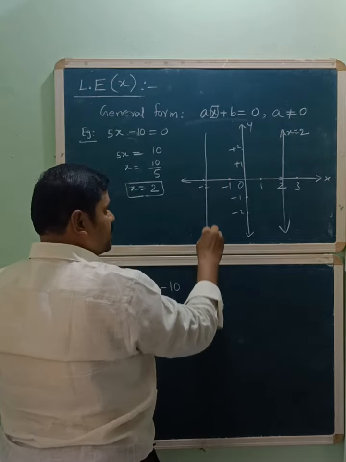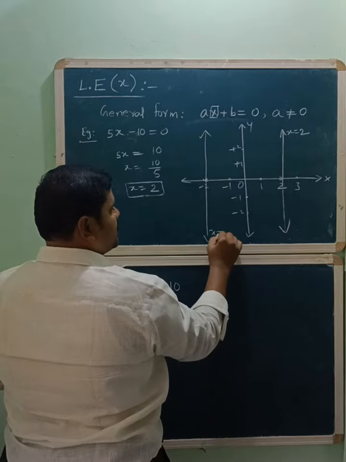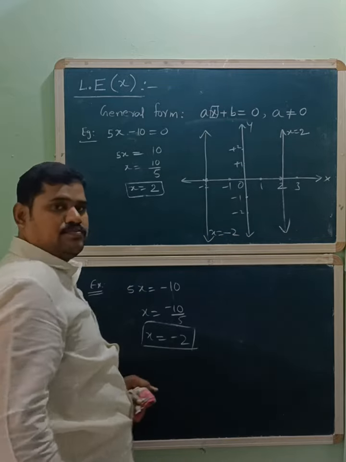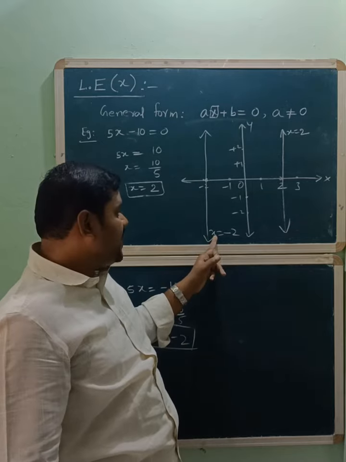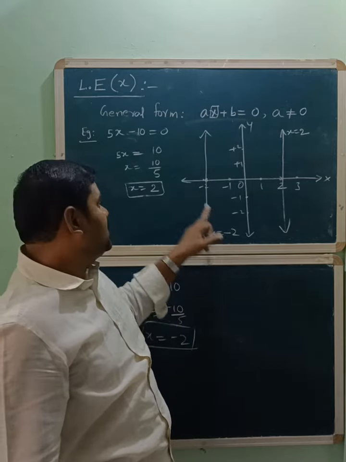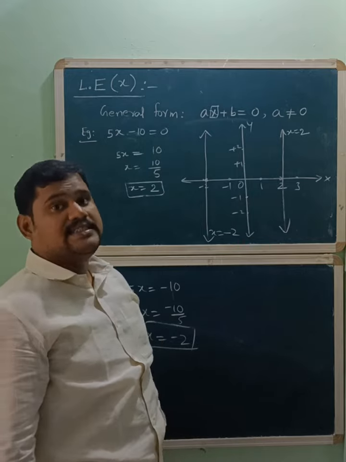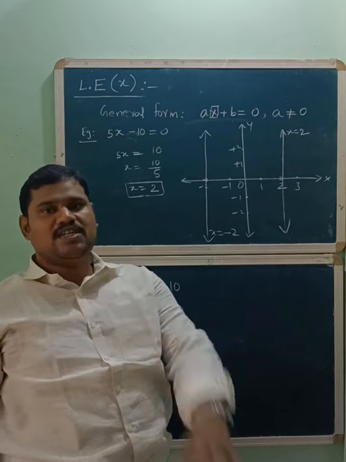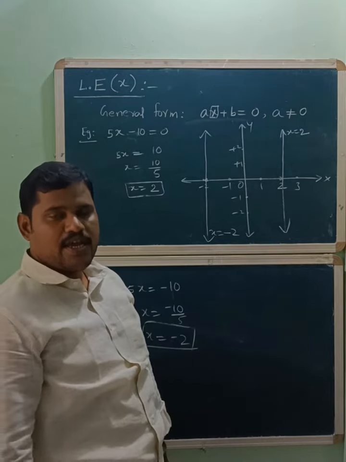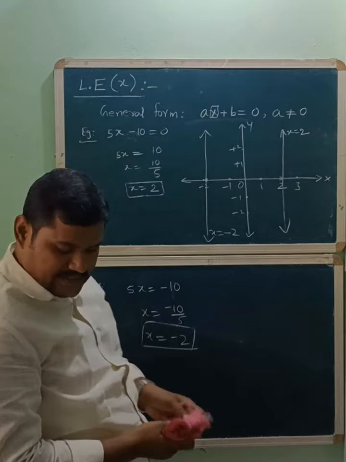This one, at minus 2. Only here, at x is equal to minus 2, this equation is satisfied. Therefore, x is equal to minus 2 is the solution. Now we are going to discuss the next topic.